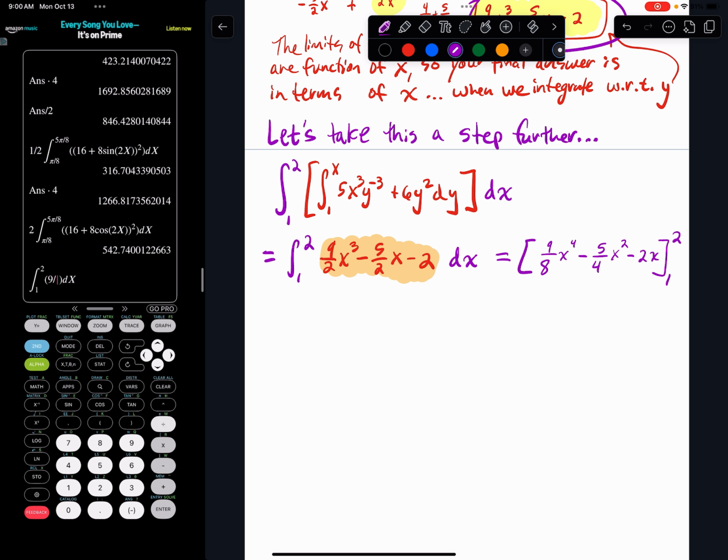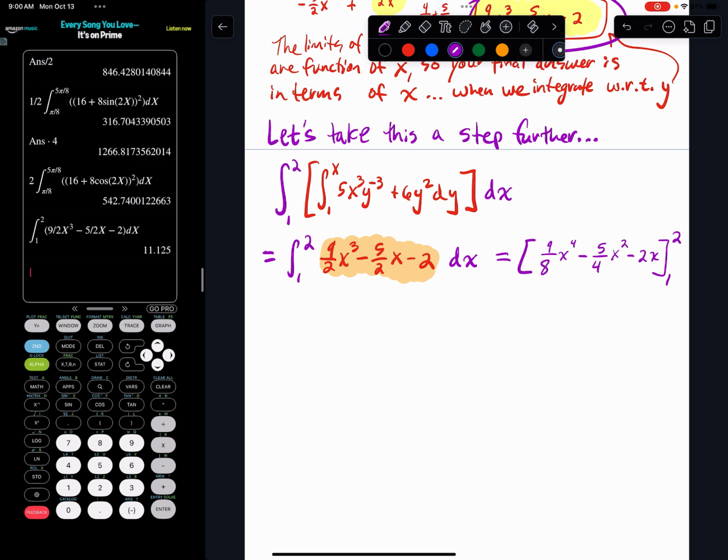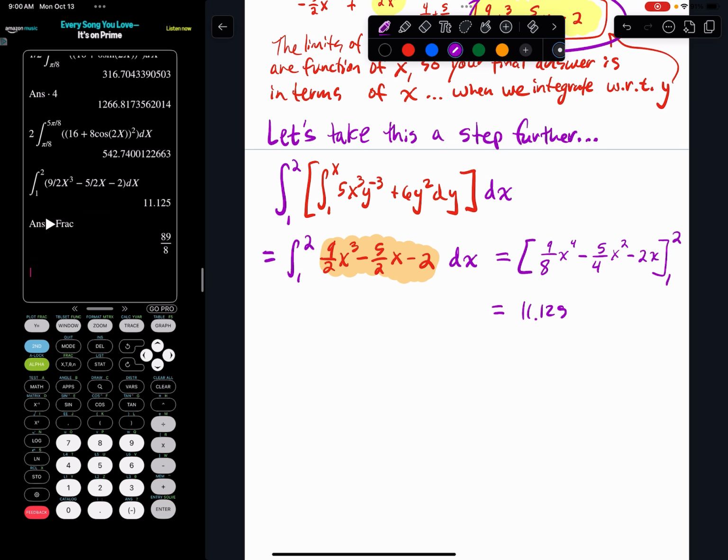I'm going to do 9 divided by 2 x cubed minus 5 divided by 2 x minus 2. I'm going to get 11.125, which looks like an eighth. If I do math frac, I'm going to get 89 over 8. Okay? 89 over 8.